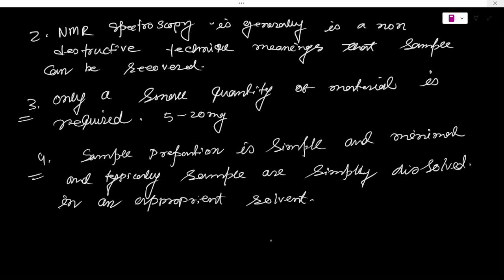Now, applications of NMR spectroscopy. NMR spectroscopy is a technique used by most modern chemical laboratories, and it has application to a wide range of disciplines.